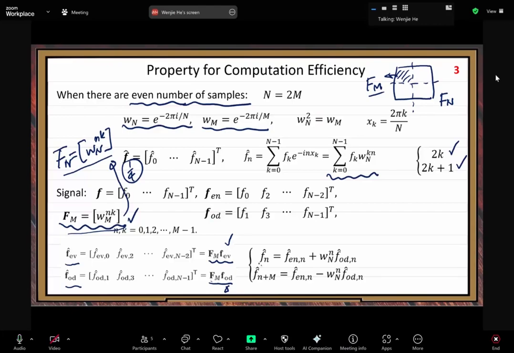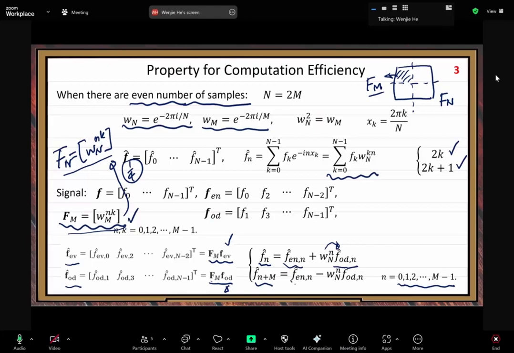After that, we need to do the next level. How do we get the final Fourier coefficients? Two parts: first half and second half. The first half is n from 0 through capital M minus 1. The second half is n plus capital M. For the first half, we use these two intermediate vectors, with this W we defined before, times that vector.